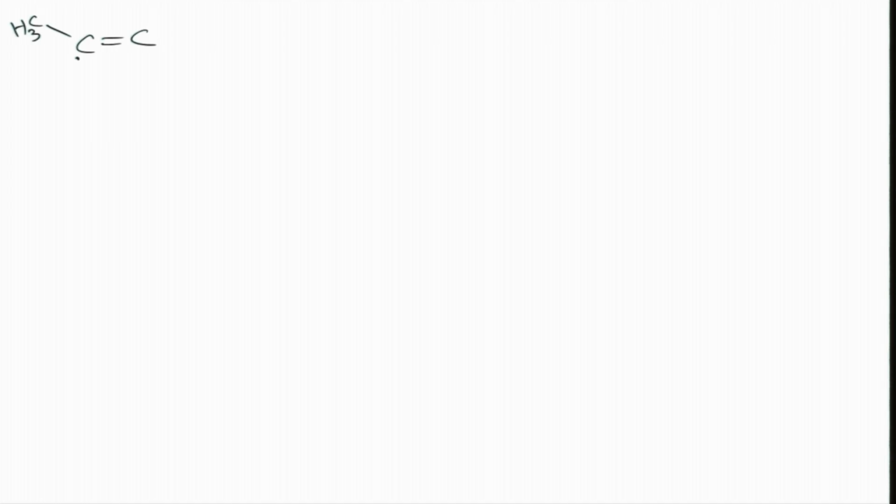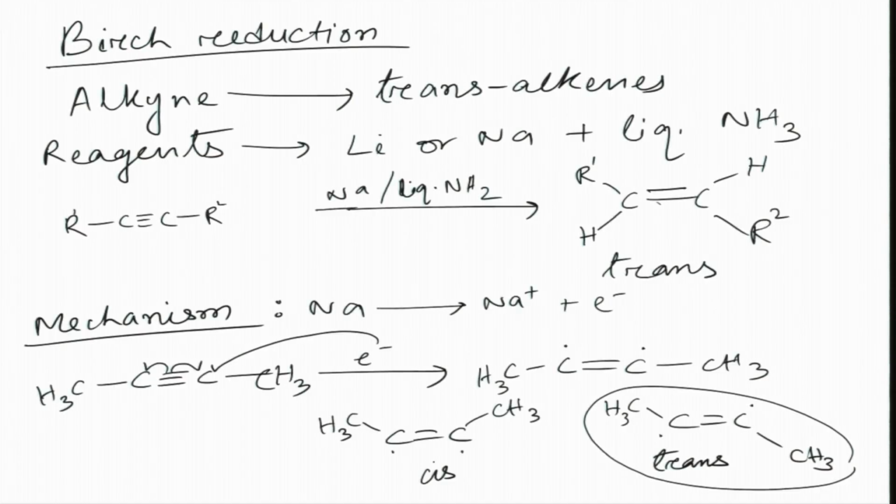I am sorry, here I have made one mistake. This bond has homolytic fission, so two radicals, but initially this electron had attacked this carbon, right? So, it will have a minus charge overall. Sorry, please correct this.